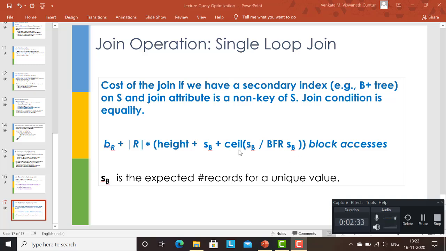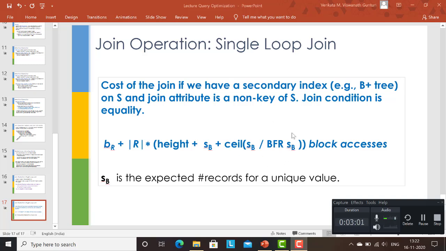Now how to get those SB number of addresses, right? So that part is SB divided by BFR of SB. In the sense that, from the B plus tree, when we are storing those extra blocks of SB number of addresses, that itself will take some space in the secondary memory, and reading those blocks will take this much amount of disk access, right?